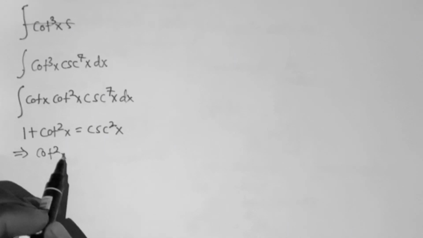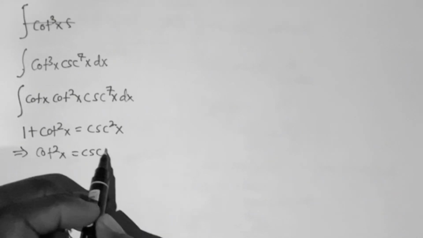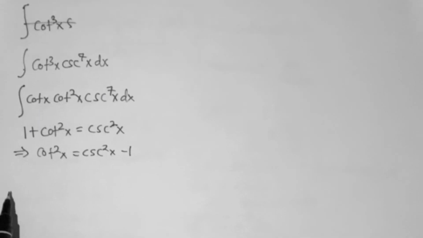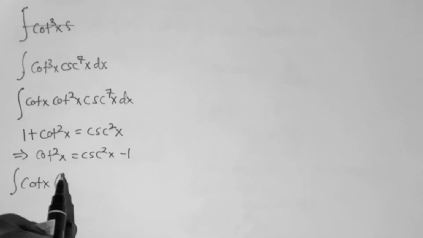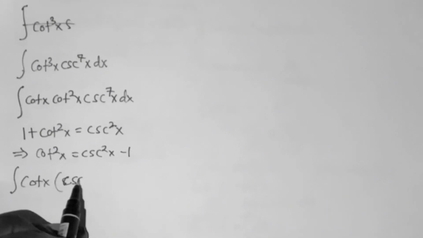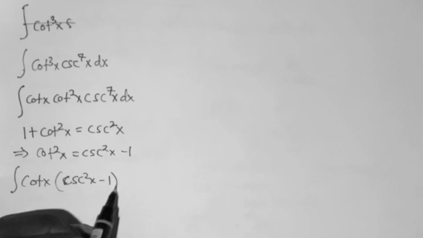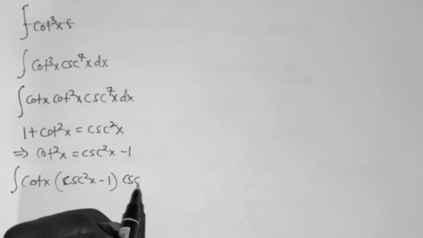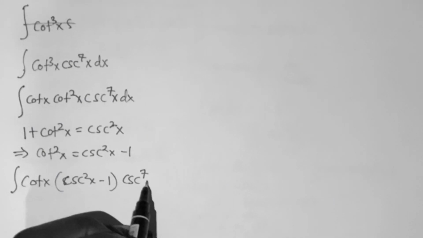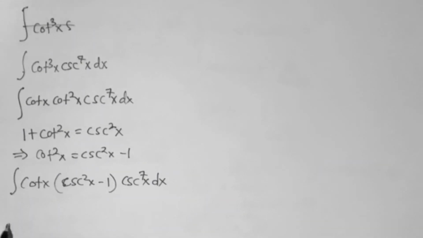So it implies that cot squared x is equal to cosec squared x minus 1. So the integral becomes integral of cot x then into bracket cosec squared x minus 1 then times cosec exponent 7x dx. So we can break this integral into 2.